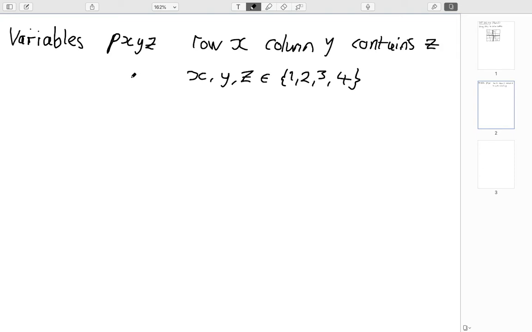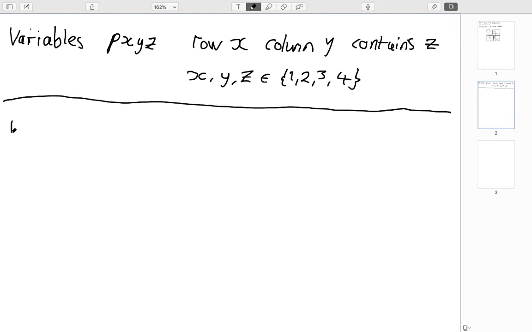So to do that, we're going to set up some clauses expressing the constraints that we have in a Sudoku puzzle. So the first clause I'm going to add is a clause saying that for every cell in the puzzle, we have at least one number in the cell.